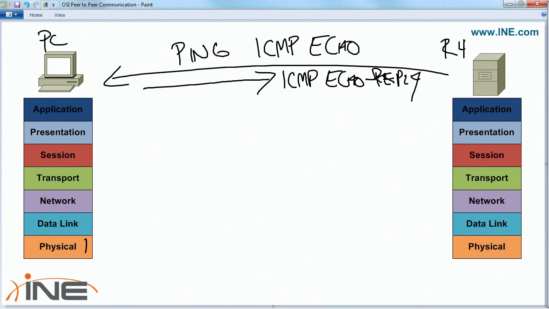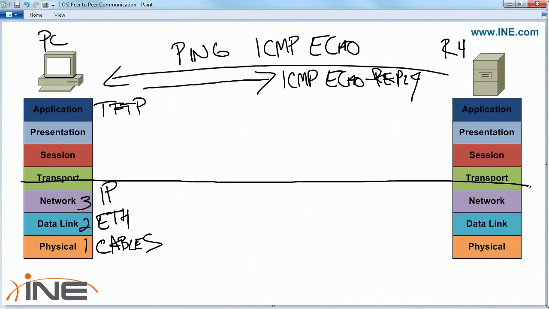At least 1, 2, and 3 are working. So there's nothing wrong with IP, nothing wrong with Ethernet, nothing wrong with the physical cabling. Now I don't know if the PC is actually running the TFTP server yet, because I didn't check that high in the layers. But I now know at least up to this point, if I try to transfer a file and it fails, it's not IP's fault, or Ethernet's fault.